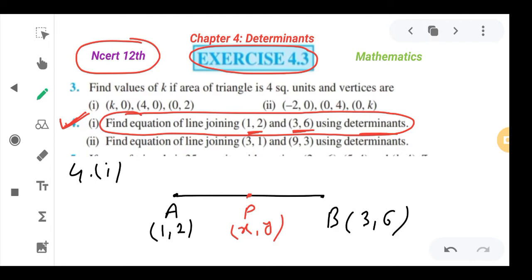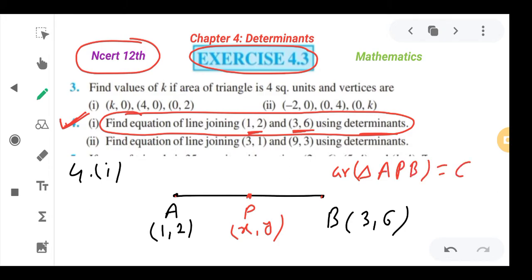Then in this case A, P, B will be collinear, and if the points are collinear, then can I say the area of triangle APB will be 0?